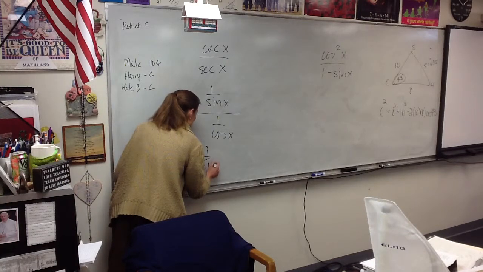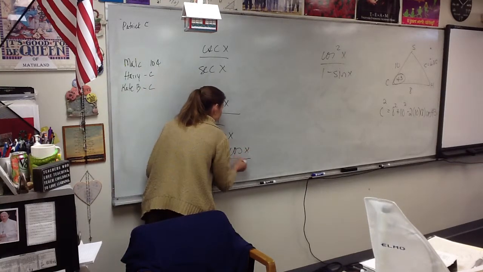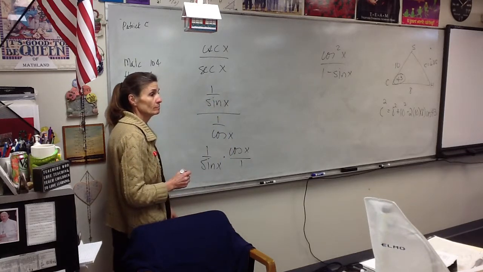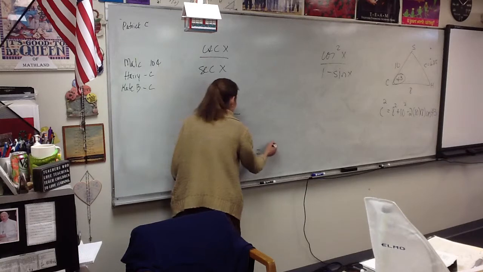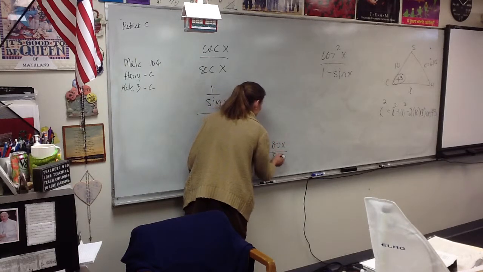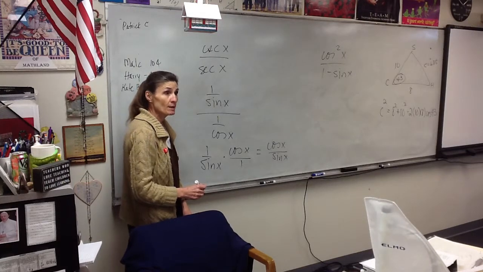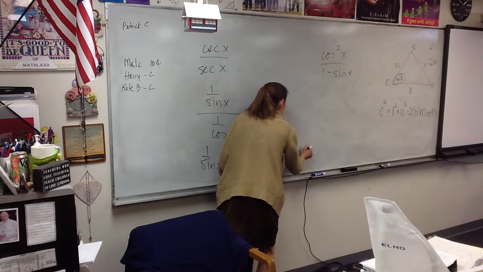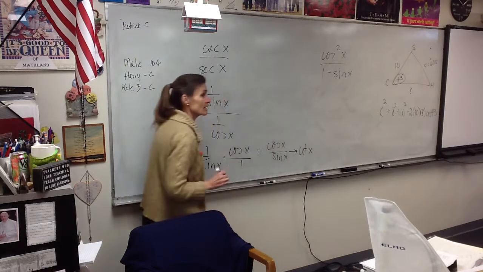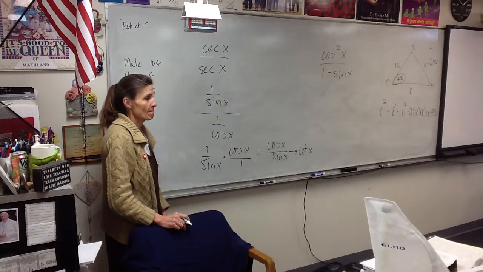So this will be 1 over sine times cosine over 1. Nothing cancels, we end up with cosine over sine, which gets you full credit. It's cotangent, but you might get a little bit of bonus if you recognize that is cotangent.